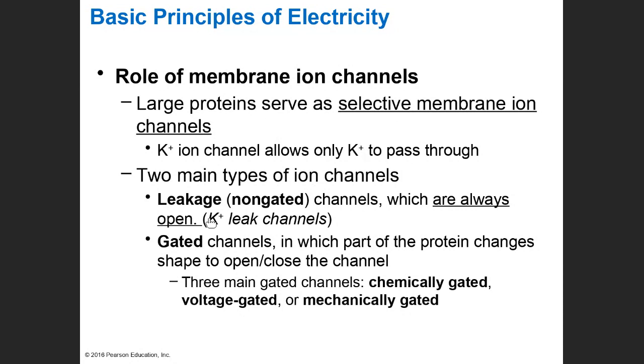And then you have two main classes: leakage or non-gated channels, and gated. Remember that with the leakage channel, we're really dealing with the potassium leak channel, and this is very important in understanding the action potential. The gated channels are going to include voltage gated. Now, we do have three kinds of gated channels.